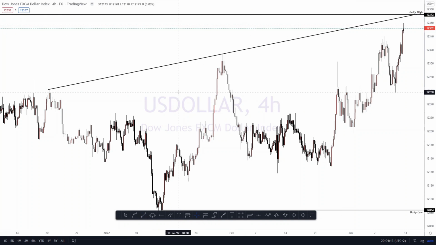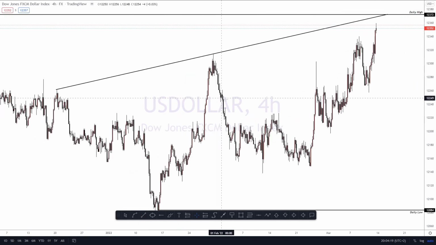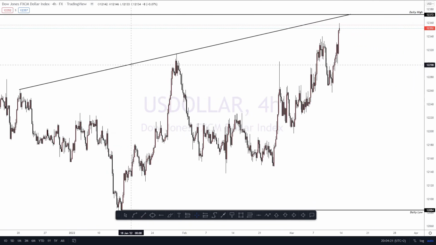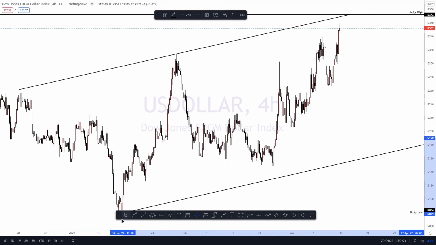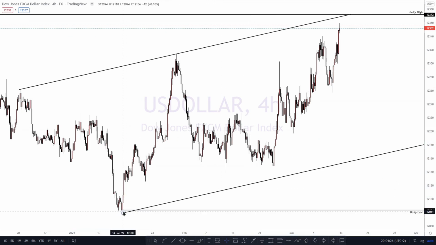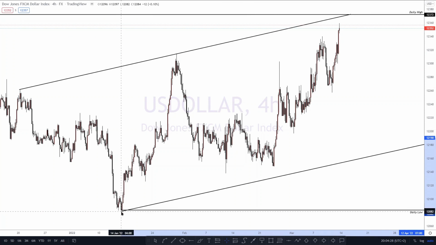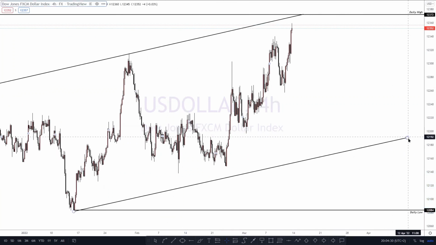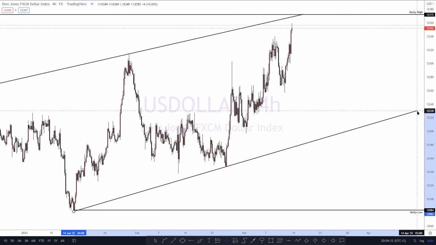It's indeed approaching the high, and we just want to see what will happen when it gets to that high. But we also have another one down here, which you're just going to fix to make it more adjustable to the current market, right? And from there we look at the trend and the higher highs and higher lows, right?